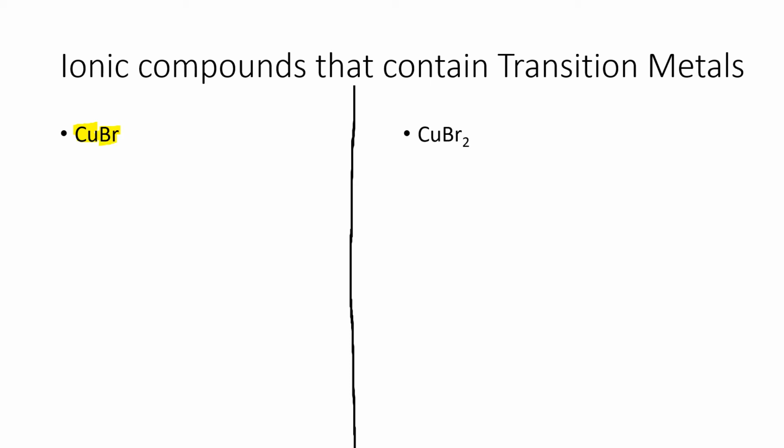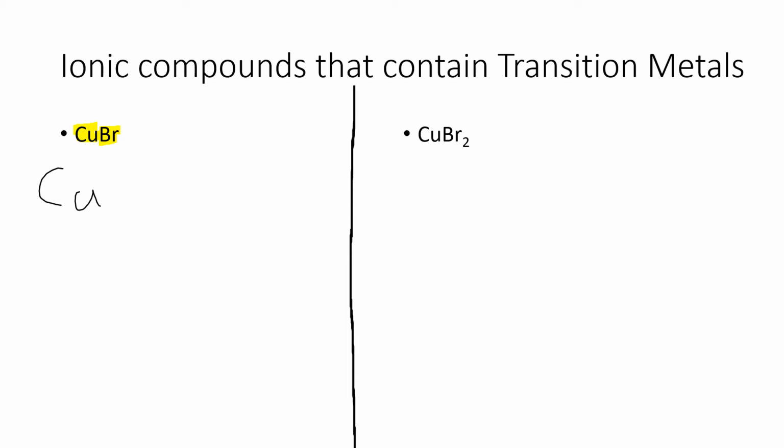What do you want to do with your ionic compounds? You want to write out what ions you have in place. Well, what ions do we have in place? Well, I have a copper ion. Well, for this copper ion, when you look at copper on the periodic table, you're going to say, it's a transition metal.